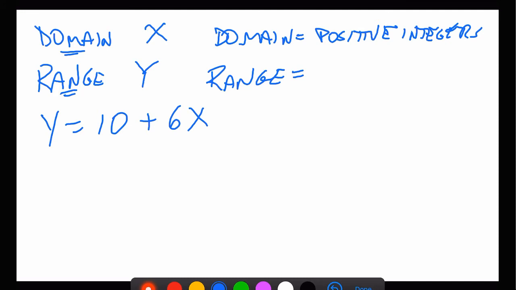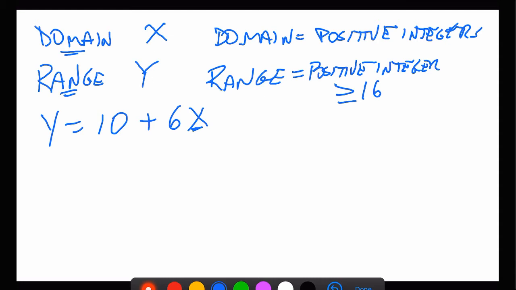So its range would be positive integers greater than or equal to 16. If we put 1 in here, which is the smallest possible integer, we get 16. It's impossible to have a positive integer go in for x and get 10 as the value for y.